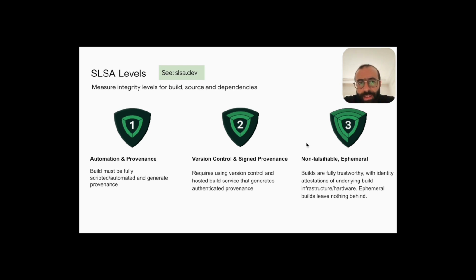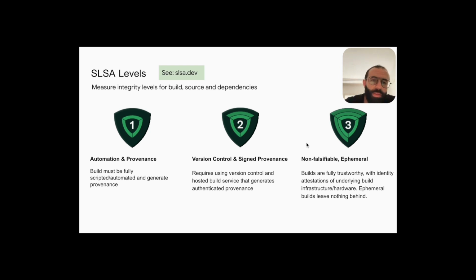SALSA outlines different security levels for software builds. For example, SALSA level 1 is a foundation ensuring transparency by requiring automation and provenance of the build processes. Then SALSA level 2 adds tamper resistance, version control, and signed provenance.